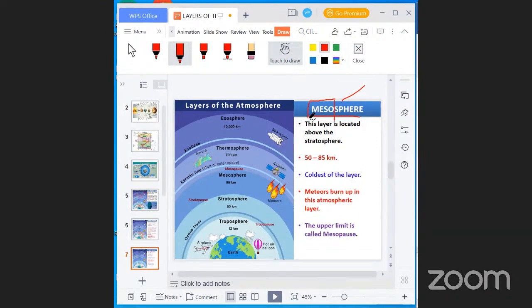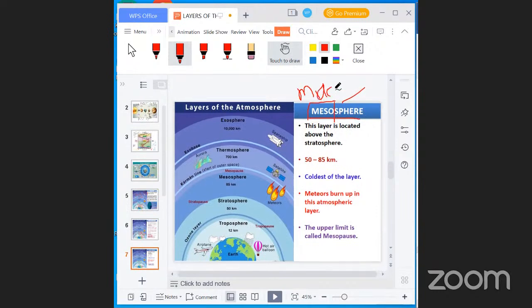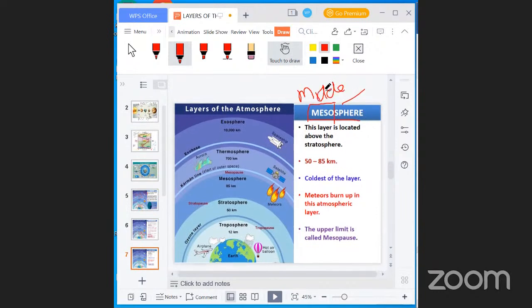It means middle. Meso means middle. This layer is located above the stratosphere and below the thermosphere, right?